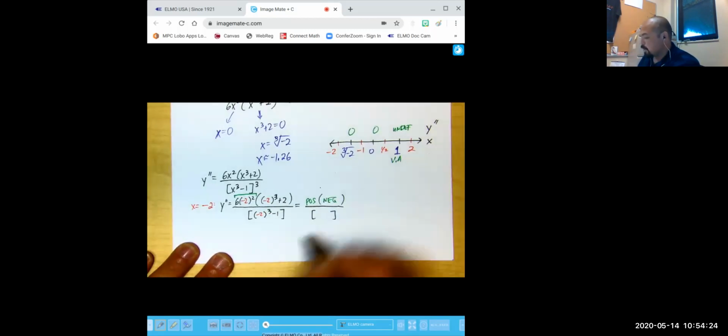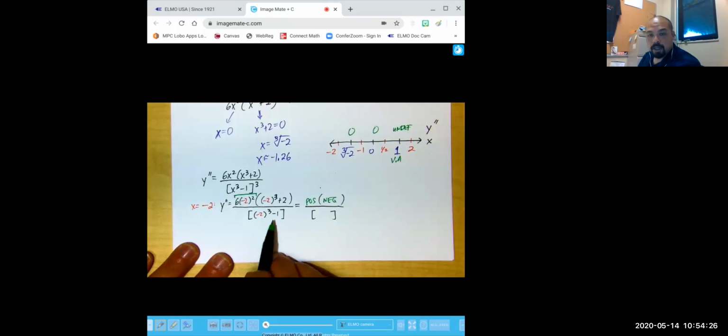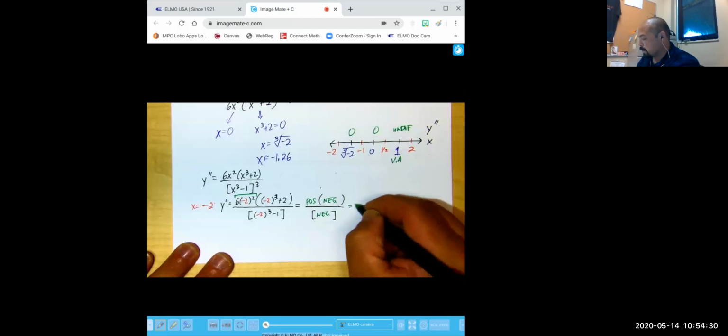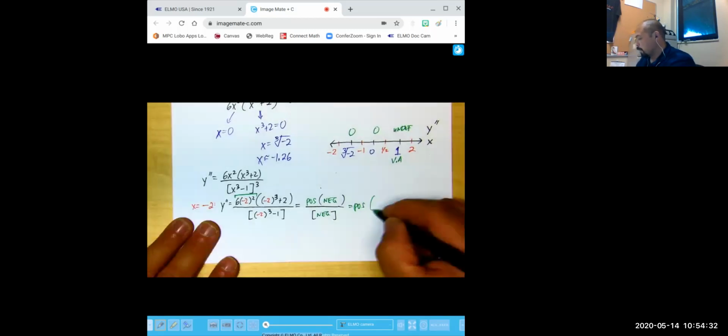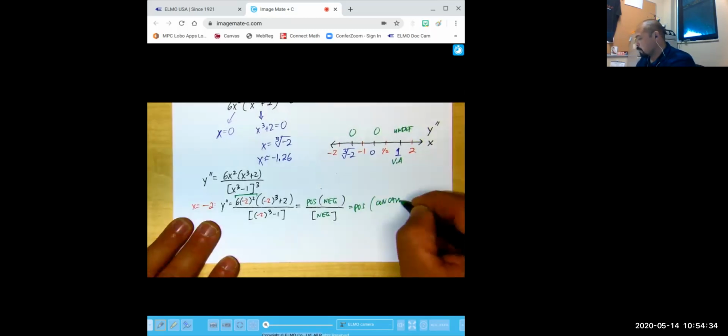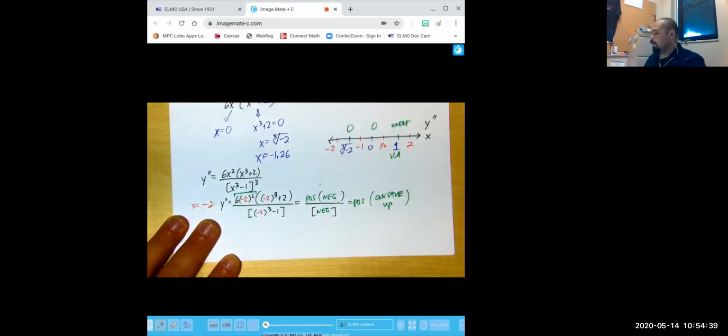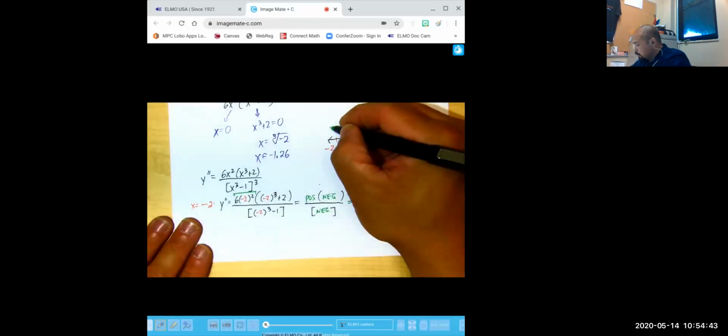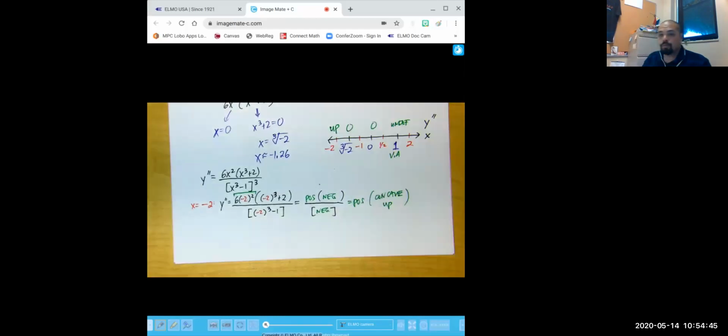Negative 2 cubed, negative 8 minus 1, negative. Negative or negative makes positive, right? We're going to be concave up in that region.